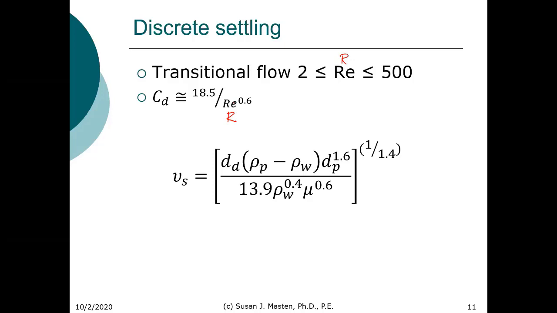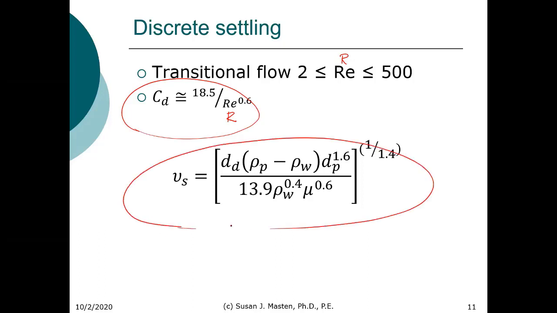If you're in the transitional flow regime, so Reynolds number is between 2 and 500, then coefficient of drag is approximately equal to 18.5 divided by the Reynolds number to the 0.6 power, and we have this more complicated equation right here.